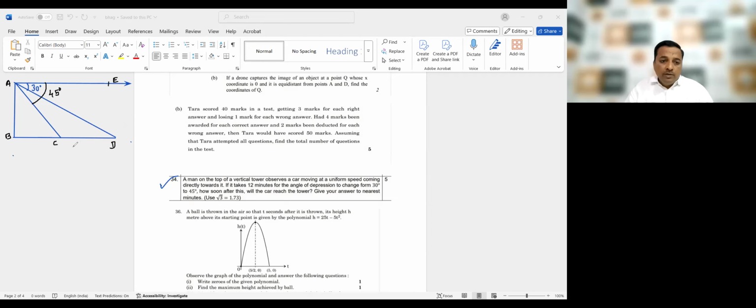After 12 minutes, this timing from C to D becomes the 12 minutes. And we have to find how much time it will take to reach B, meaning from D to B. We don't know how much, nothing else is given. So we'll do it now.